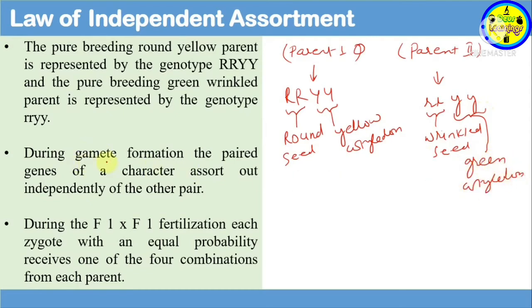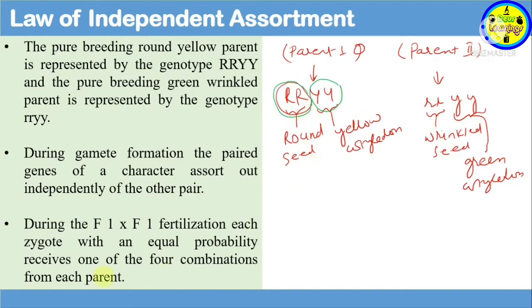So during gamete formation, the paired genes of a character assort out independently of the other pair. That means this pair and this pair, the pair responsible for seed shape and the pair responsible for cotyledon color, assort independently from one another.